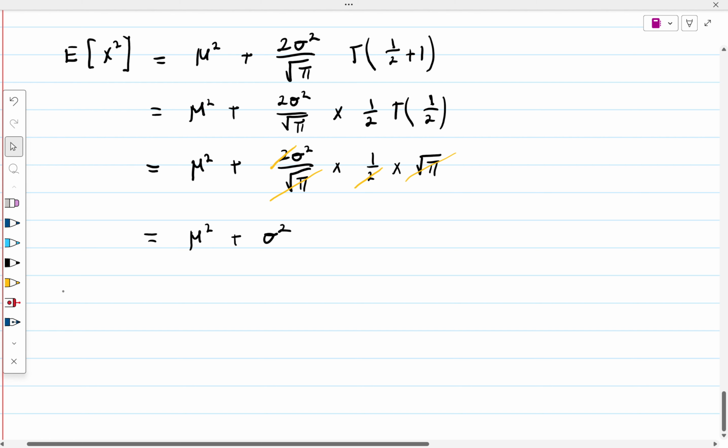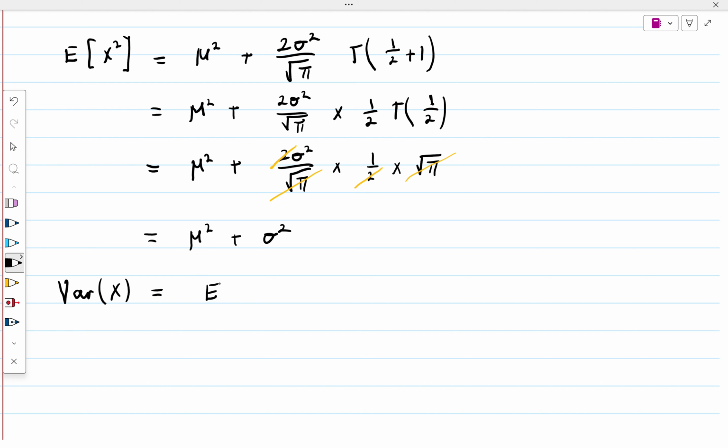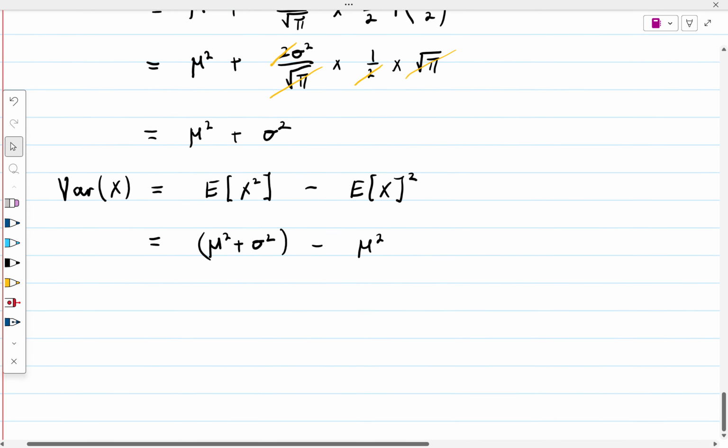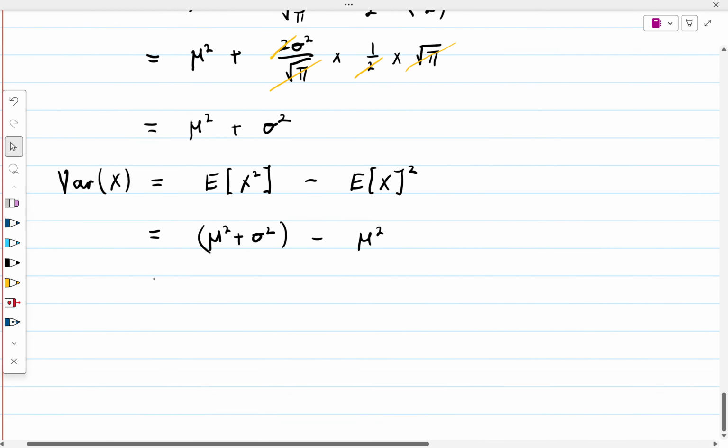And finally, that allows us to evaluate the variance of x. By definition, that is the expected value of x squared minus the expected value of x, all squared, which is equal to mu squared plus sigma squared minus mu all squared. As we said, the expected value of x was mu.